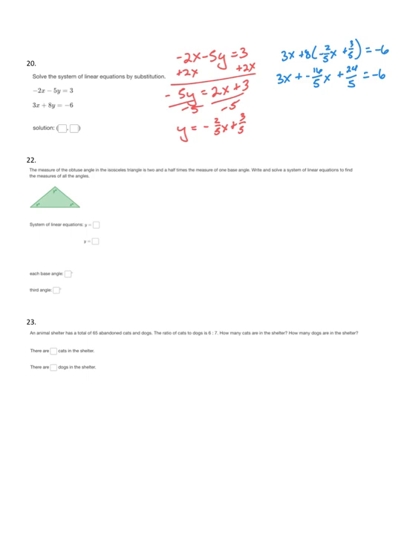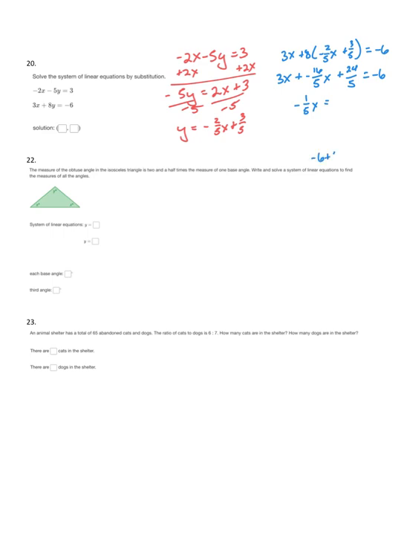And let's see, negative 16/5 is negative 3 1/5. So 3x plus negative 3 1/5 x is negative 1/5 x equals, now we're going to add 24/5 to each side. So that's adding 4 4/5. Let me do this down here.